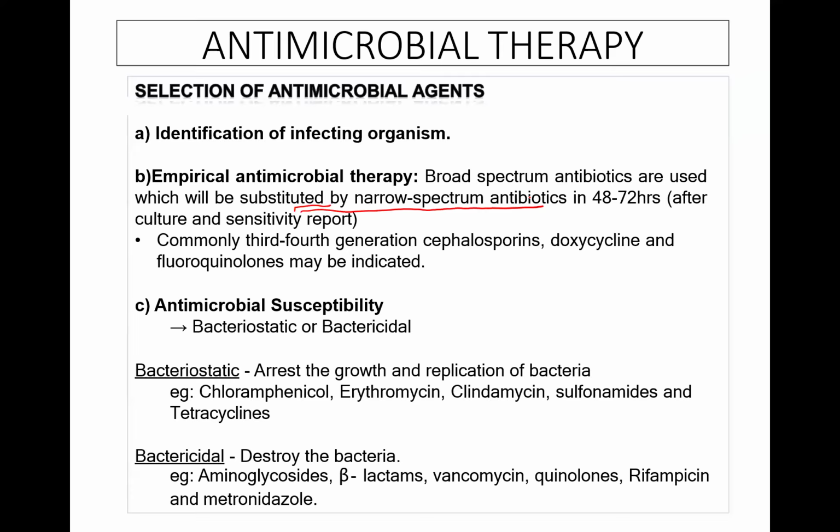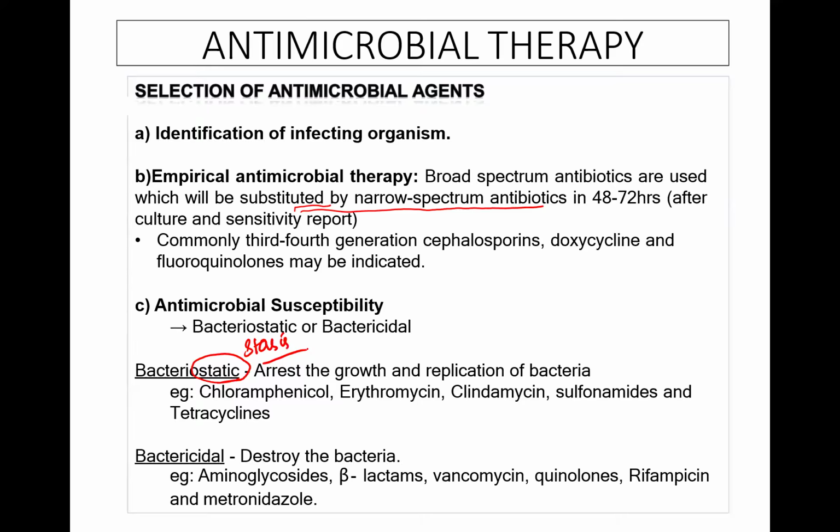And then the third one is based on antimicrobial susceptibility, whether it is bacteriostatic or cidal. From the name itself, bacteriostatic means it is causing stasis or arresting the growth and replication of bacteria.